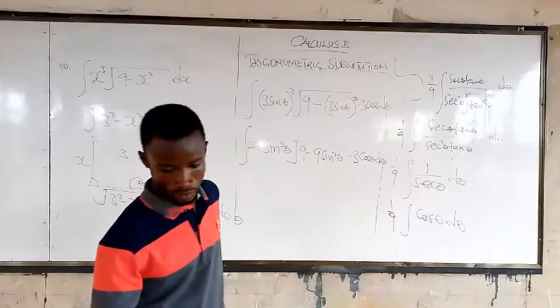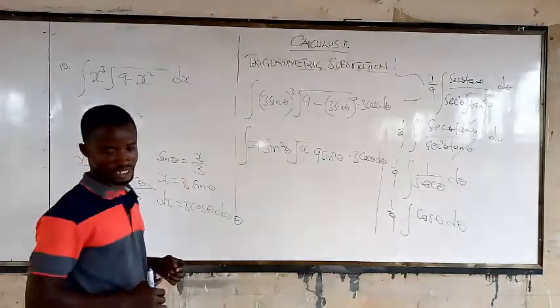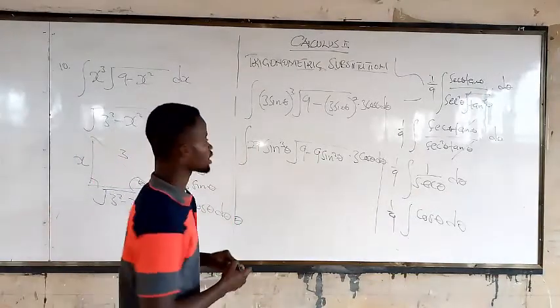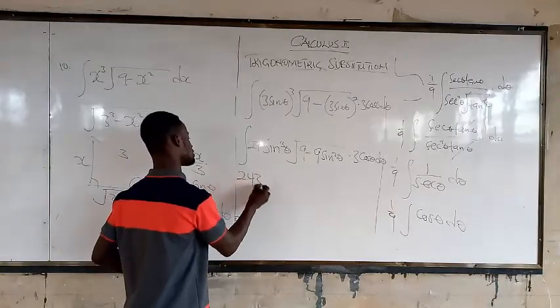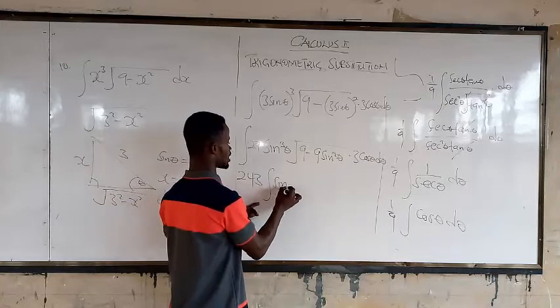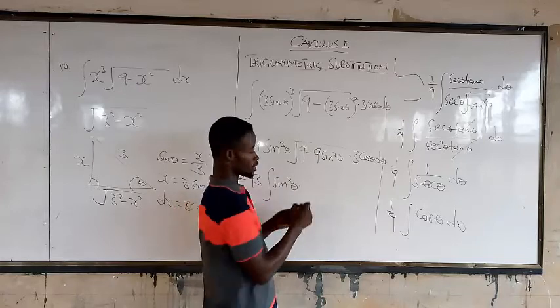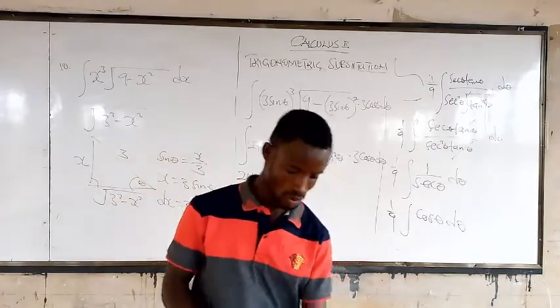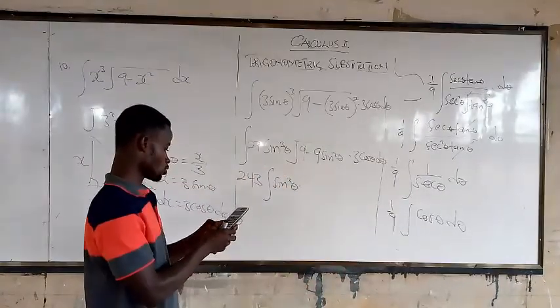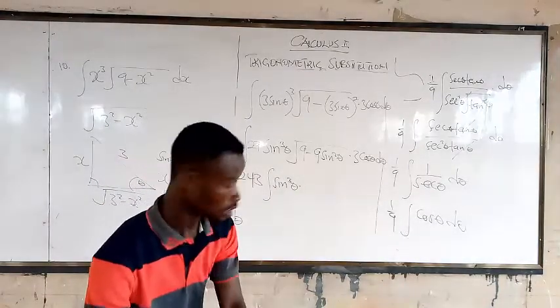Now the 3 will multiply the 27, then we get 243, and that will come out. So sine to the power 3 theta. Let's try, 27 times 3, oh, 81.